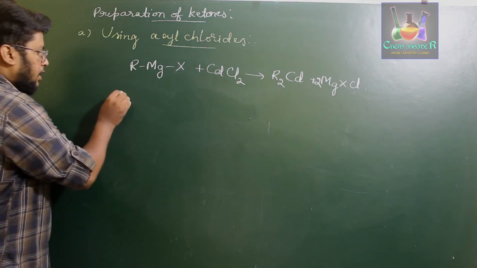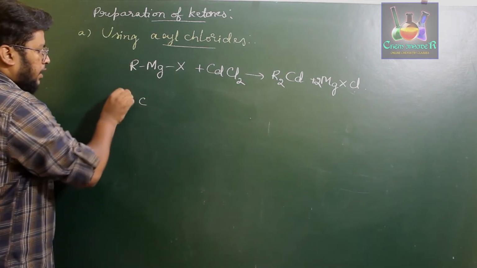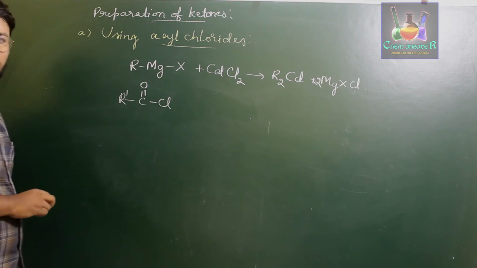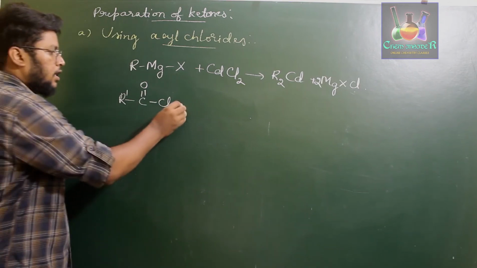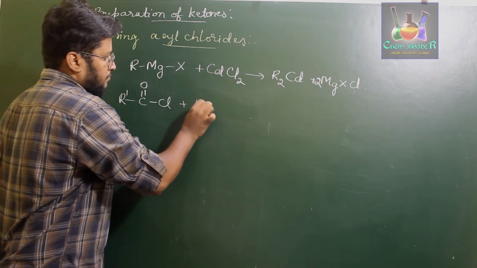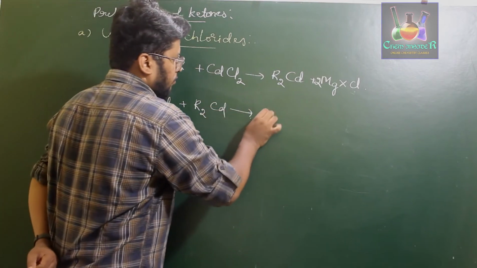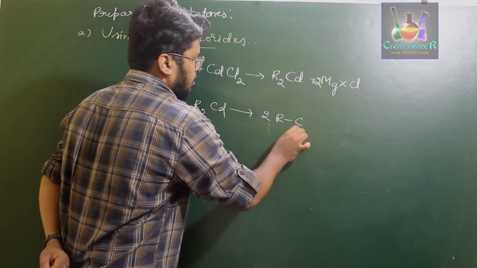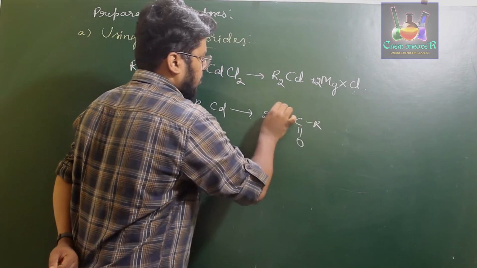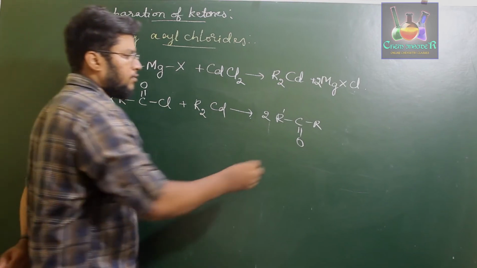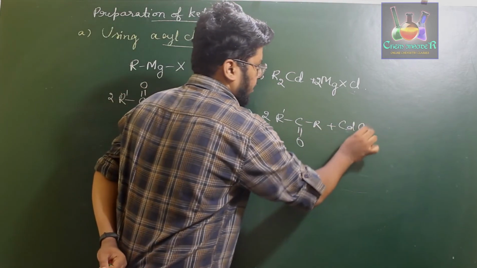Once this dialkyl cadmium is treated with acyl chloride, that is RCOCl, they yield us two molecules of ketone, R, C double bond O, R prime, along with the formation of cadmium chloride.